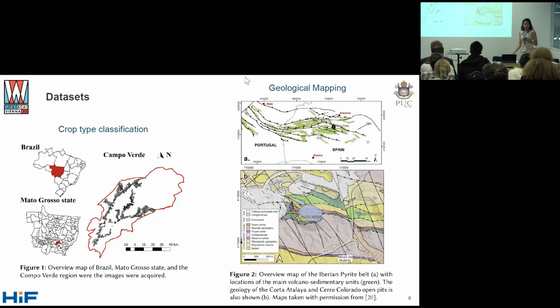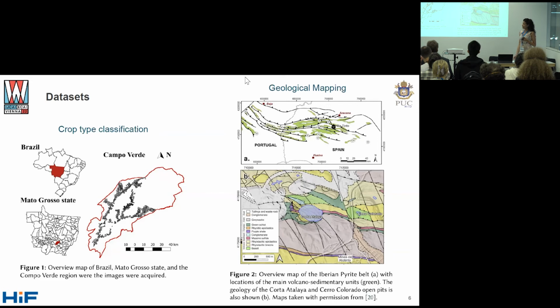We also have a second dataset about geological mapping that is located in Spain. It's an open pit mine, sorry. And the most important minerals we have, we can group these minerals into chlorite and mineralized volcano.